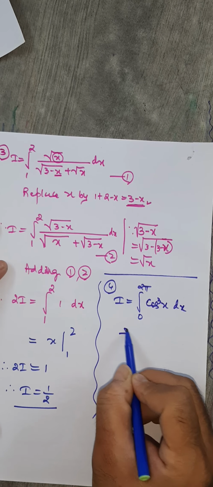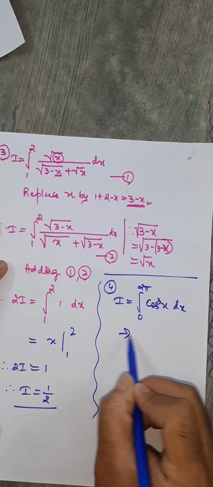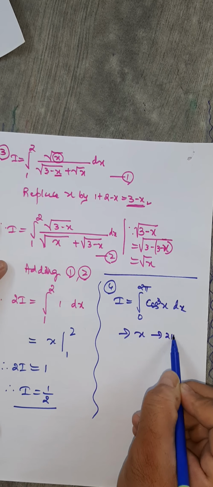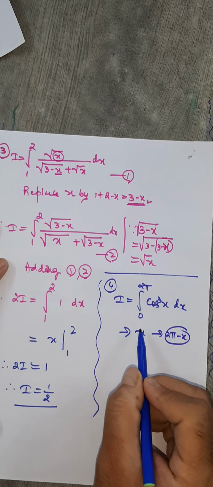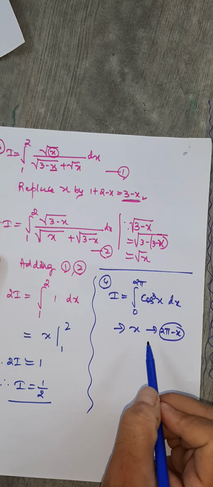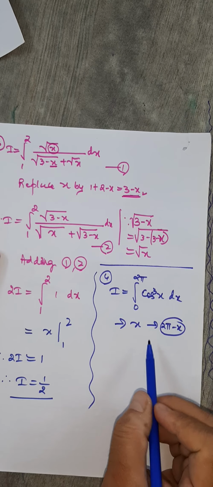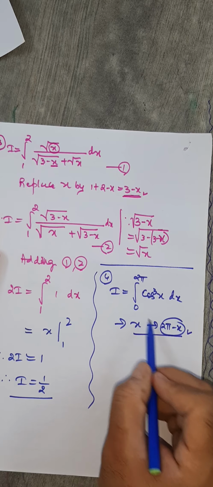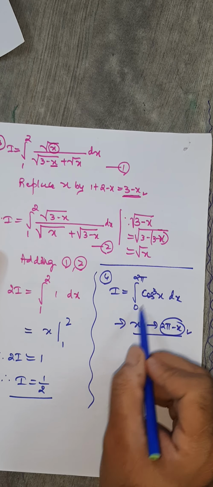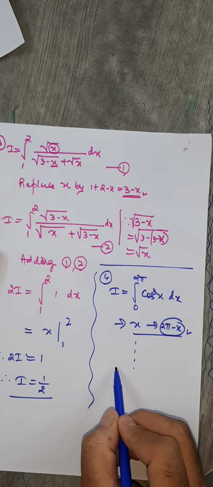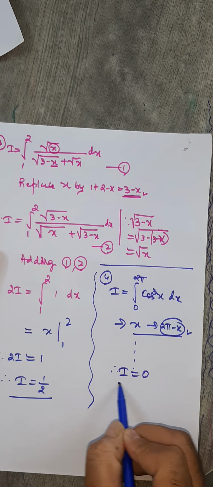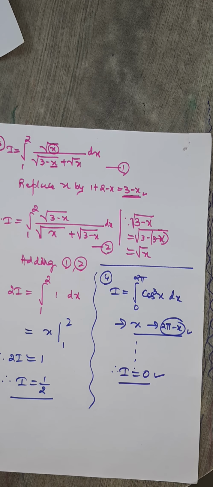So use the property, replace x by 2 pi minus x. In indefinite integral without limits, you know how to do this, but here with the properties, replace just x by 2 pi minus x. You will see that you will get I equals 0. Just try to do it.